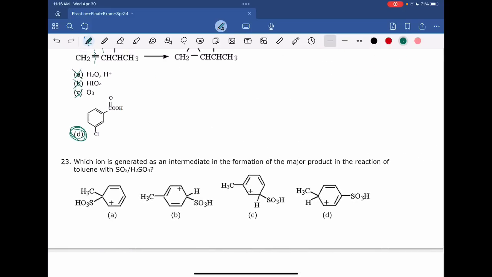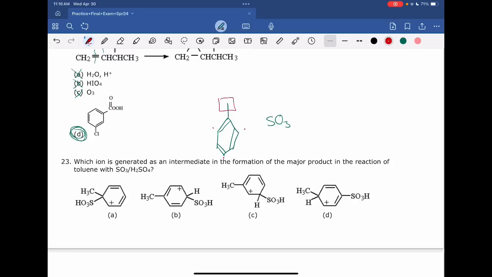Okay, this is an EAS question. You start with toluene and you're gonna sulfonate it. So you react it essentially with SO3. So we know that the methyl group in toluene is an ortho and para director.